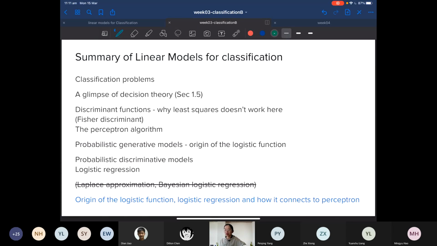Along the line, what I personally like is that we cover the origin of the famous logistic function, and then we cover logistic regression in a way that connects nicely back to the old, but still very insightful, perceptron algorithm. All right, so I'm going to pause for some questions if there are any, and then we're going to start the neural network part.